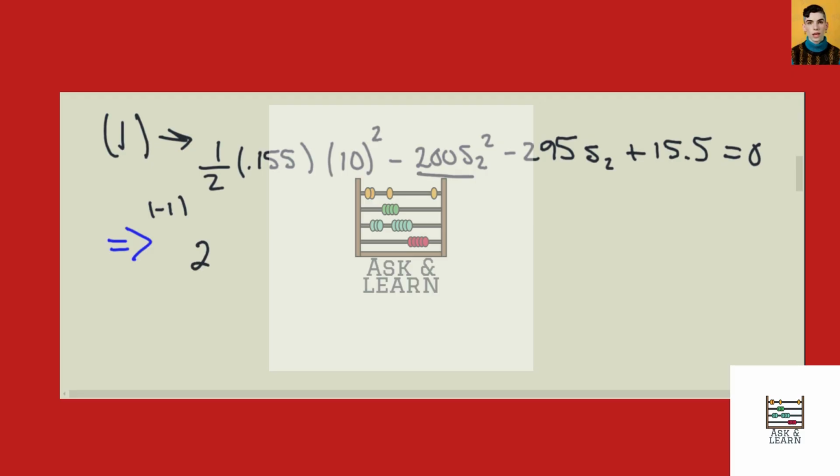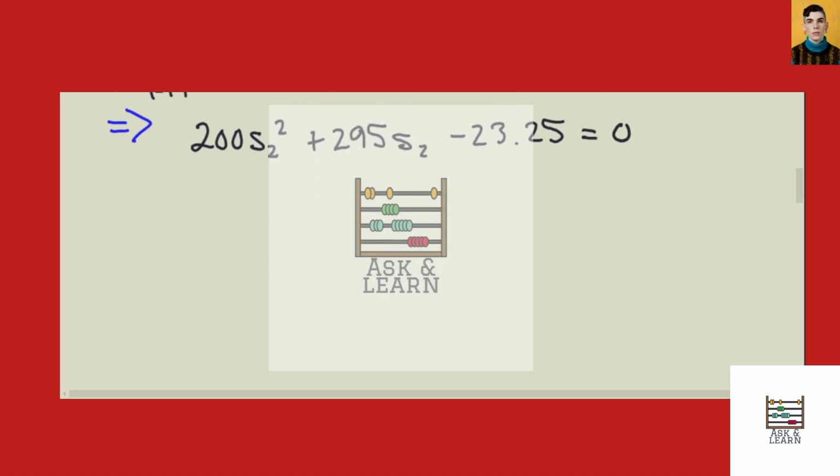So we have 200 S2 squared plus 295 S2 minus 23.25 equals 0. So to solve for S2, we need to use the quadratic equation.